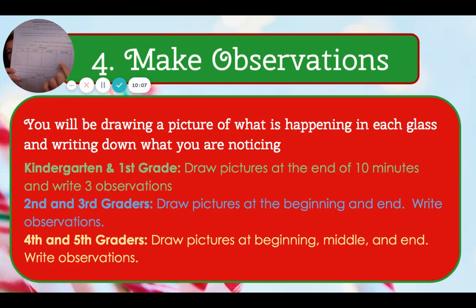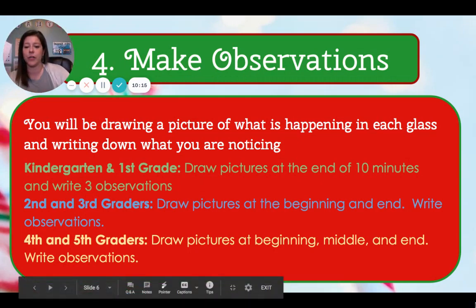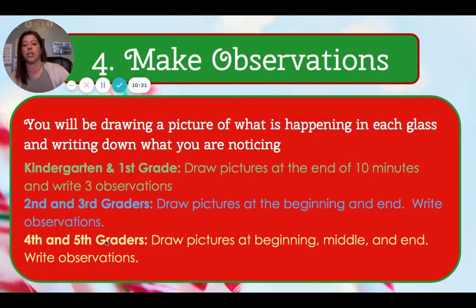So draw the cup and the candy cane, okay? Then you're going to tell me one thing you noticed, all right? And that's also going to be second and third graders. So second, third, fourth, and fifth graders, as soon as you put your candy canes in, draw your first picture. Go ahead and do that now.